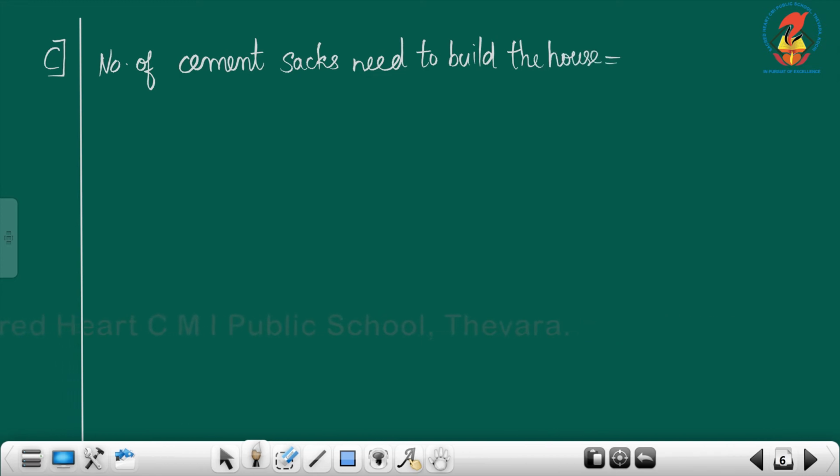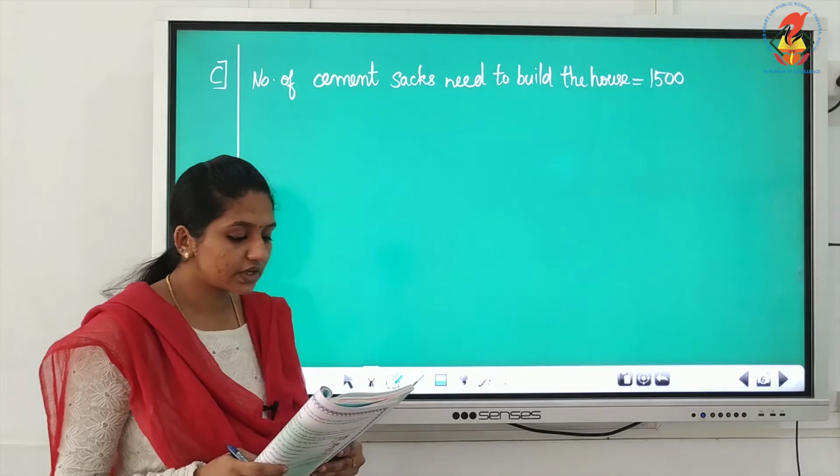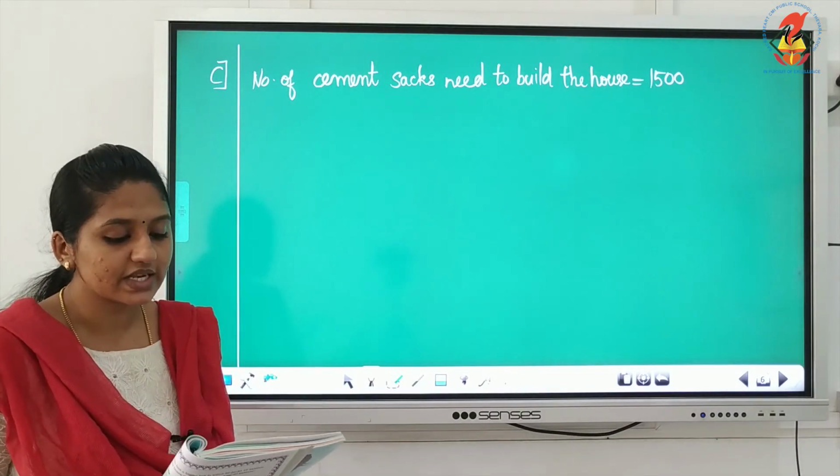How many sacks of cement are needed? It's 1500. Okay.